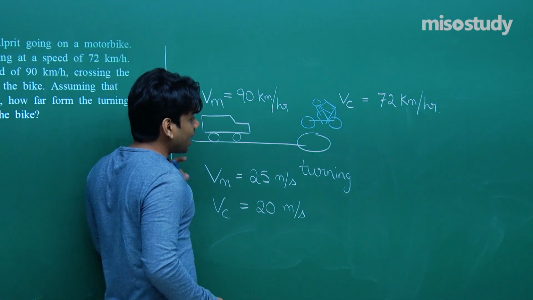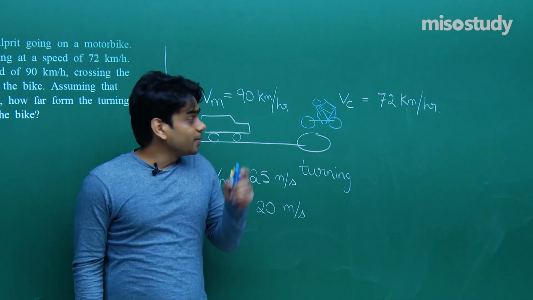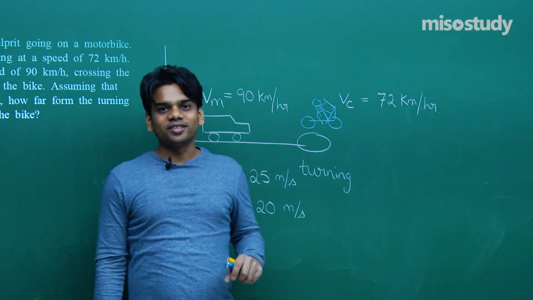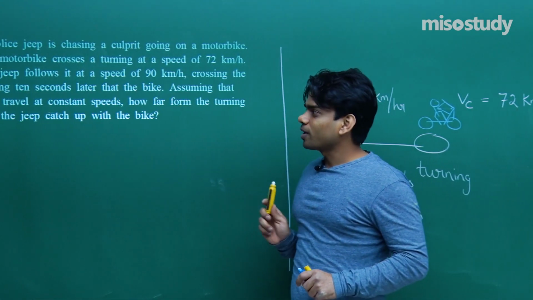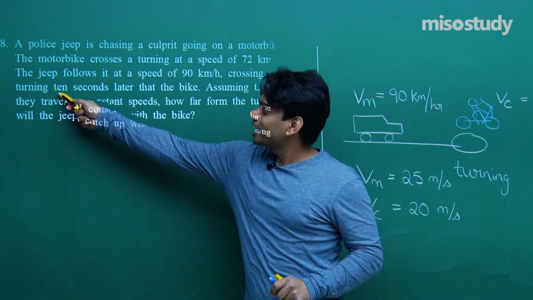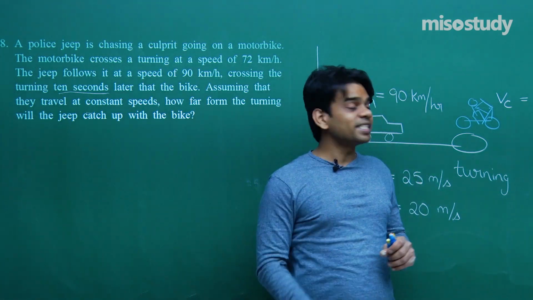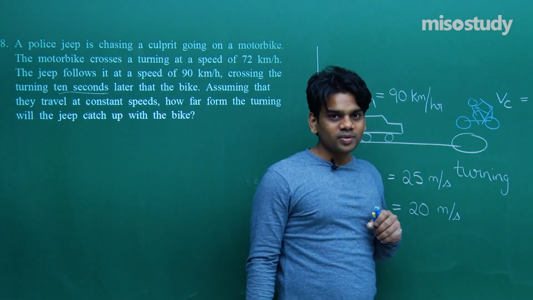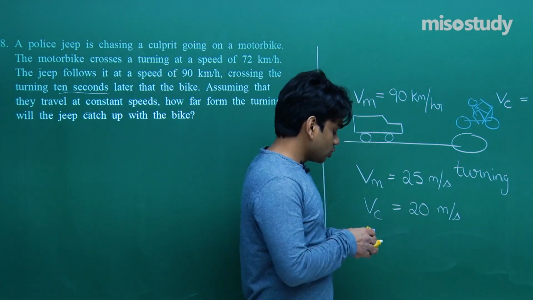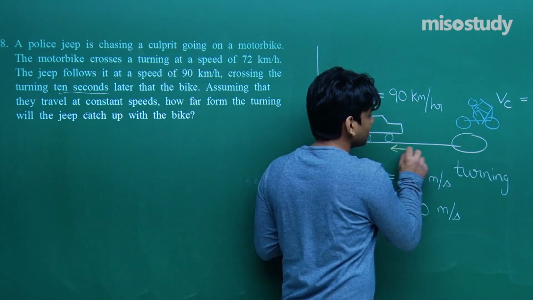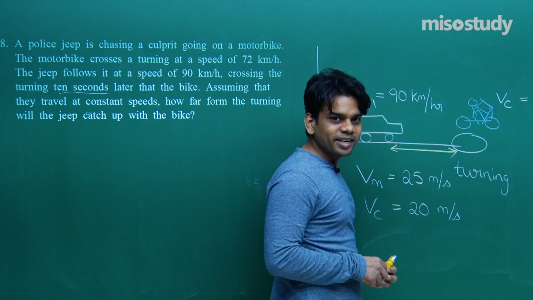First thing. Now you see here, as he crosses the turn, the policeman takes 10 seconds to reach here. The jeep follows it at a speed of 90 km per hour, crossing the turning 10 seconds later. It took 10 seconds to reach from here to this turning. Let's see what will be the distance. The policeman would have traveled for 10 seconds.